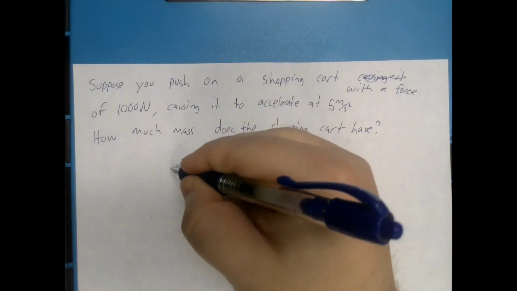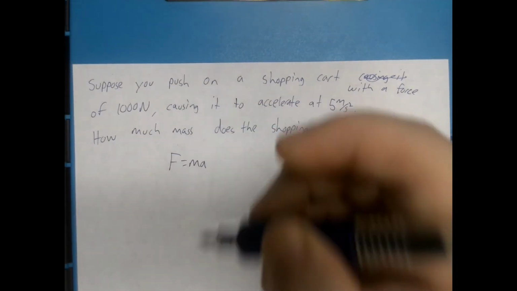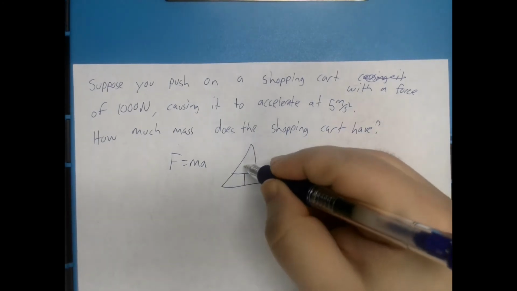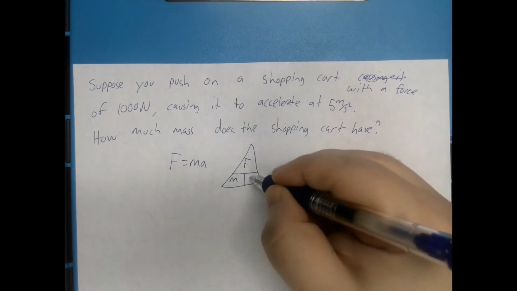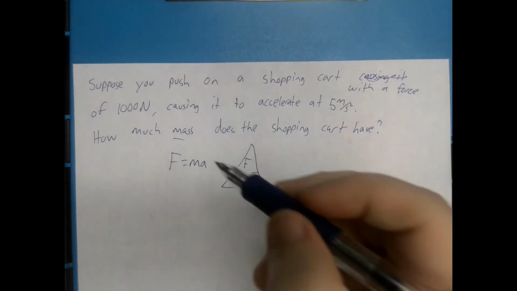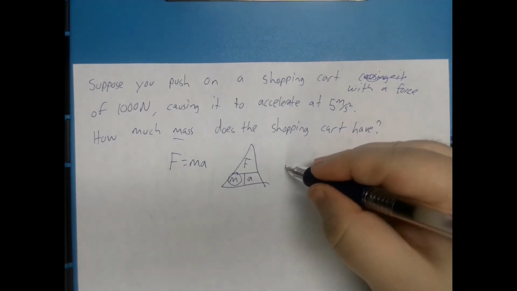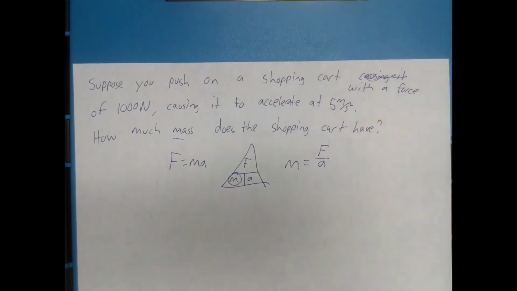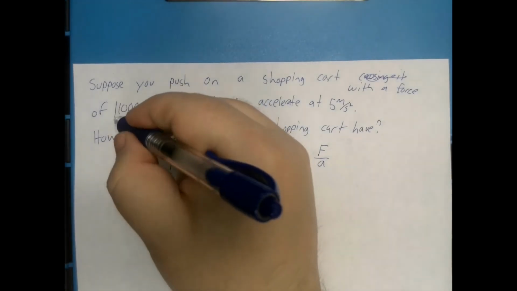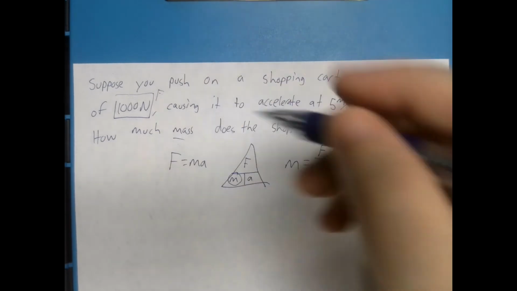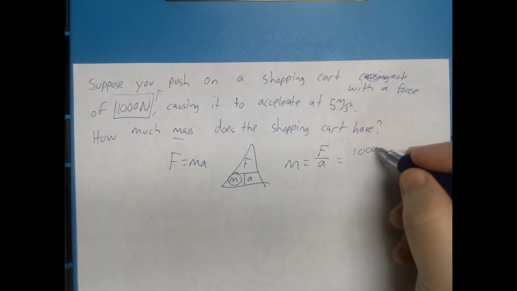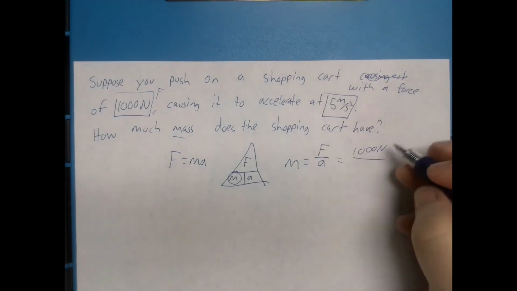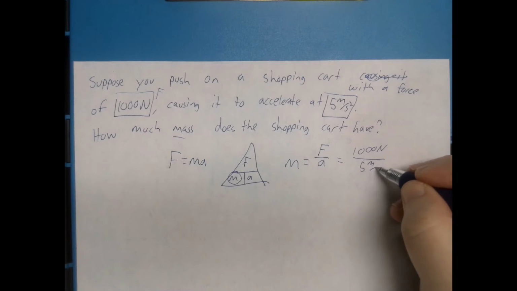So remember, our equation is F equals ma. We can make a triangle. F would go on top, M and A would go on bottom, and we're solving for mass. So mass is equal to force over A. Our force is 1,000 newtons, our acceleration is 5 meters per second squared.